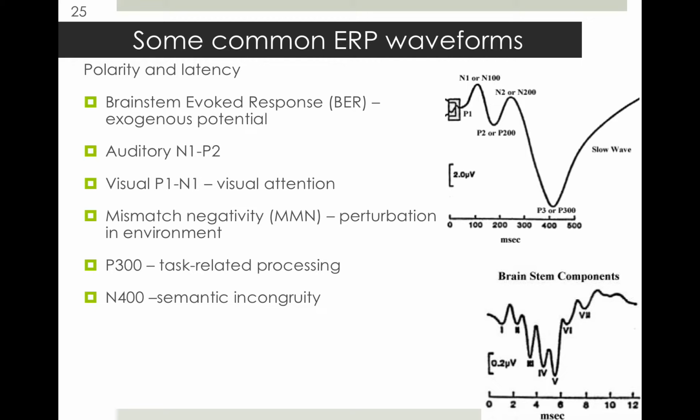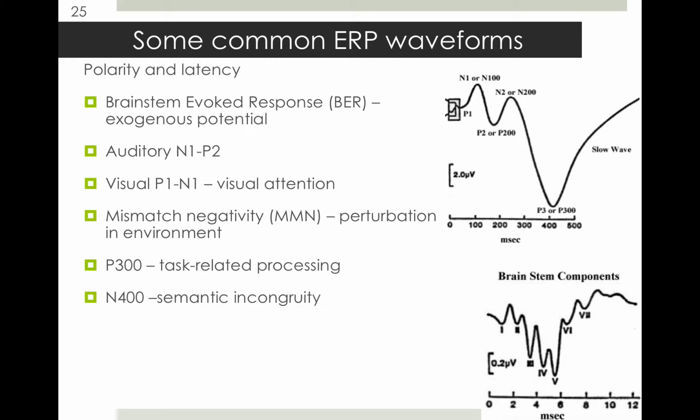Another of these event-related potentials is the P300, which is a positive waveform, because P is for positive, occurring 300 milliseconds after the onset of the stimulus. It is always observed in response to task-related processing. So what does that mean? A pretty standard task might be that I give you a bunch of pictures of Wesleyan basketball players and Amherst basketball players, and then Wesleyan football players and Amherst football players.